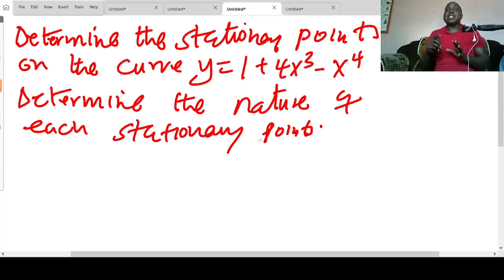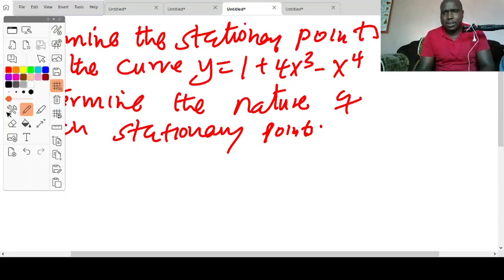That is the nature. So you are going to say this point is maximum, this point is point of inflection, this point is the minimum. That is what we call the nature. You determine whether it is maximum, minimum, or the other way.